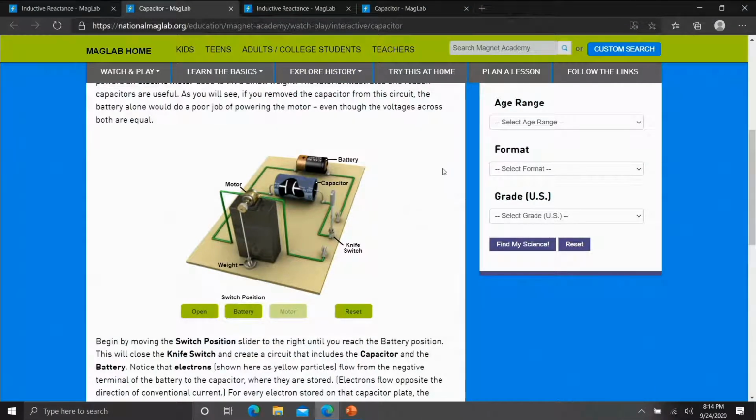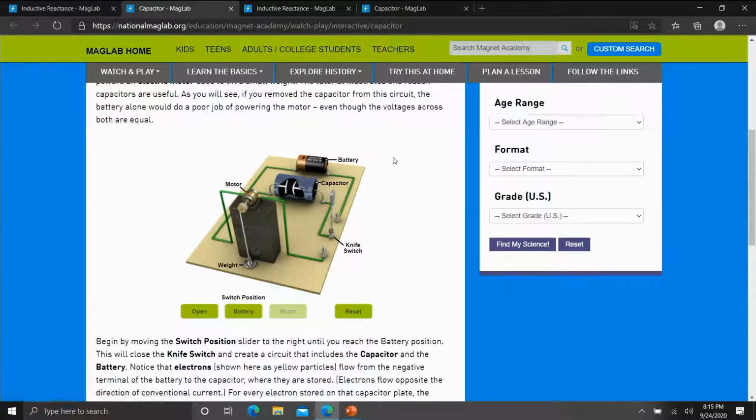Okay, here we have a battery that feeds into a double throw single pole switch that can be aligned to the capacitor or to this little motor up here, and the motor has a little pulley on it that's connected to a string to a weight down at the bottom.